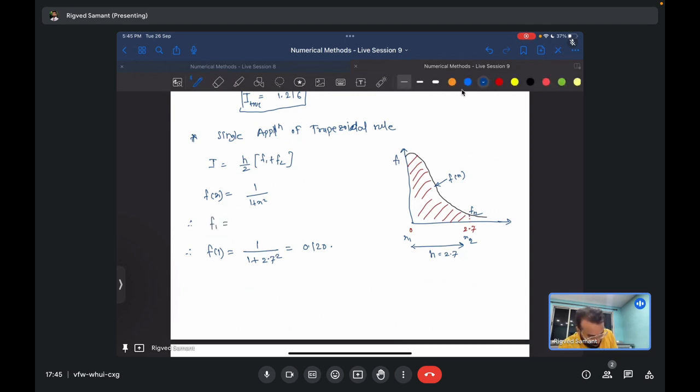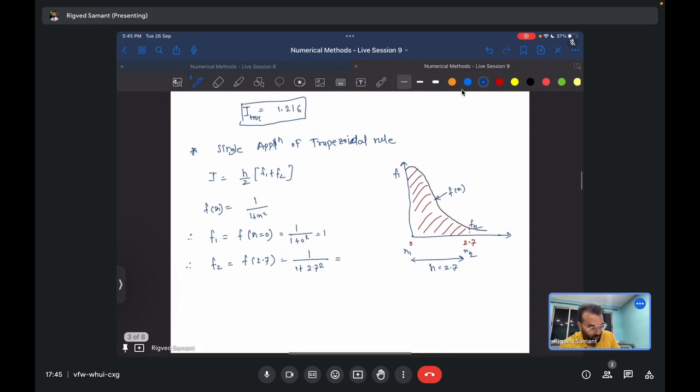So f1 is equal to f of 0, that is 1 upon 1 plus 0, which is equal to 1. f2 is equal to f of 2.7, 1 upon 1 plus 2.7 square, that is 0.120.